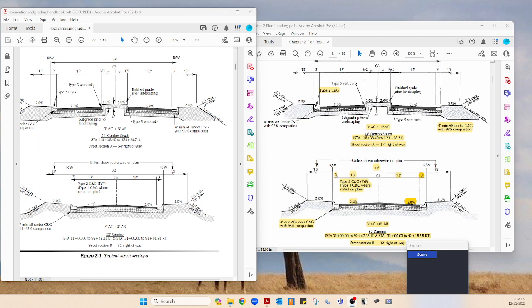You can see a curb, asphalt, a median or island, and the name of the street. We're going to talk quite a bit about these cross sections.